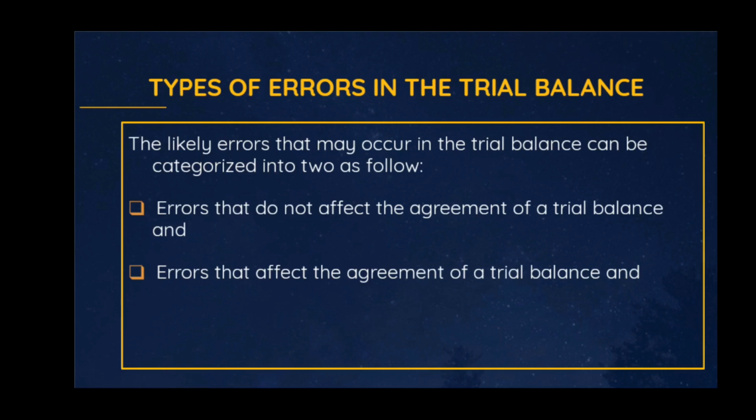The errors in a trial balance can be categorized into two. The first one is errors that do not affect the agreement of a trial balance. The second one is errors that affect the agreement of a trial balance. So we are going to start with the first one, which are the errors that do not affect the agreement of a trial balance.